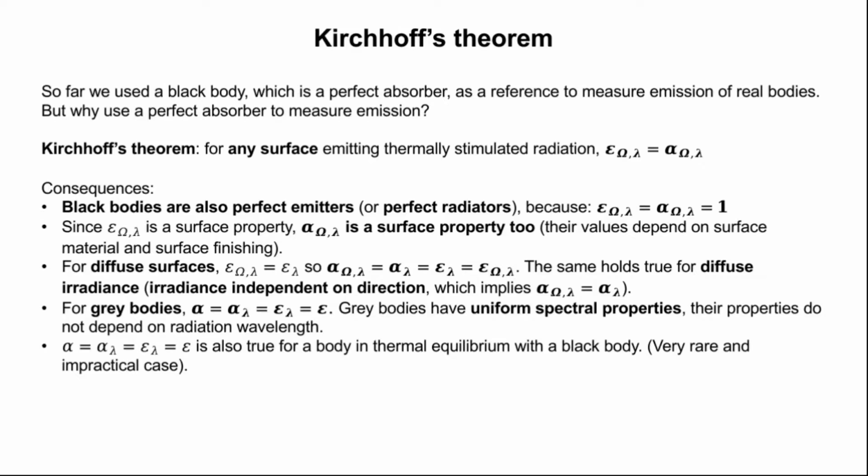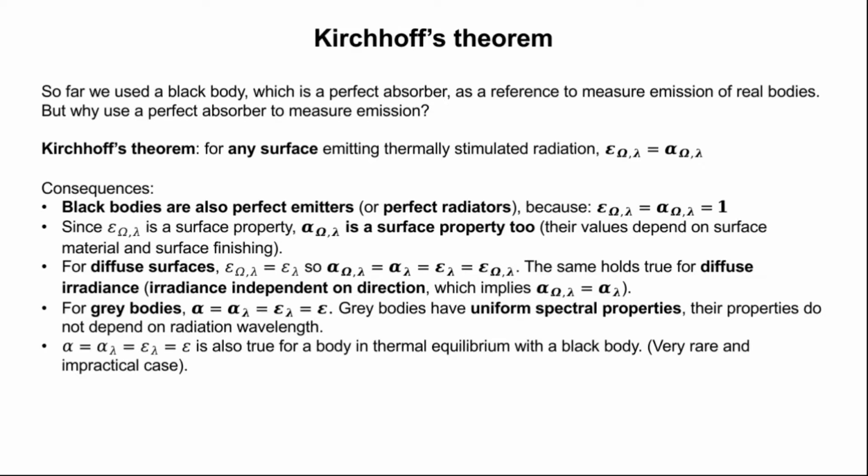Due to this property, diffuse surfaces have also directional spectral absorptivity, alpha omega lambda, equal to hemispherical spectral absorptivity, alpha lambda, which is also equal to epsilon lambda, which is equal to epsilon omega lambda. The same holds true for diffuse irradiance: irradiance which does not depend on direction, which implies that alpha omega lambda is equal to alpha lambda.